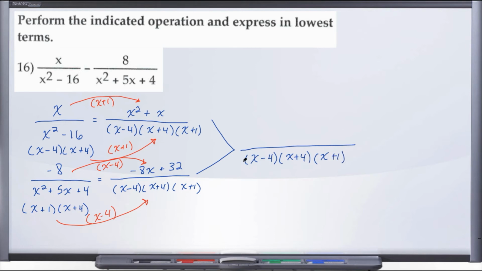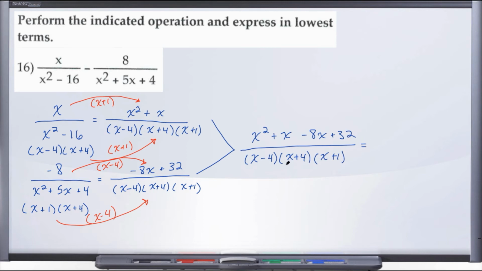Once you have a common denominator, that allows you now to combine or perform the indicated operation on your numerators. So we have x squared plus x, that's going to slide down. So x squared plus x. And here we have negative 8x plus 32, that's going to slide up. Negative 8x plus 32.